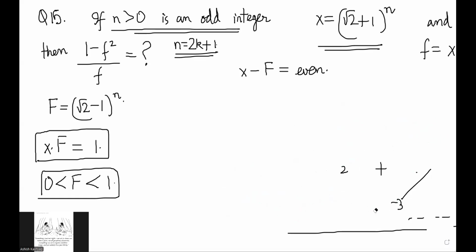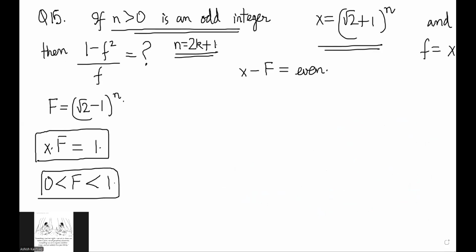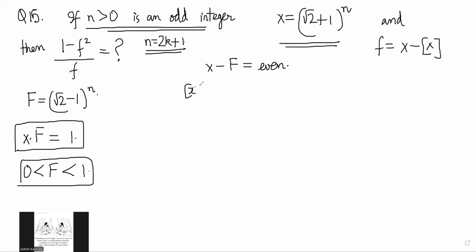So from here we can write x as GIF of x plus small f, minus capital F is equal to even, right?